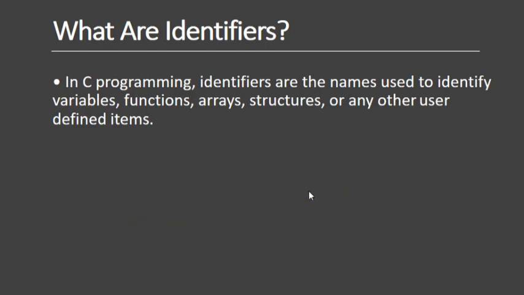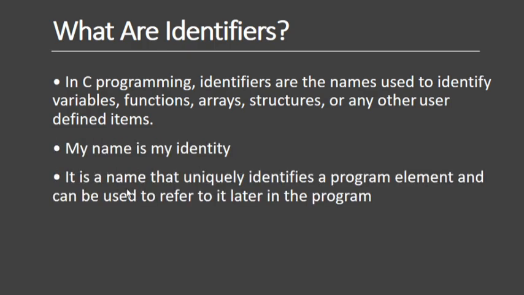Like that, identifiers are the names used to identify the variables, functions, arrays, structures, or any other user-defined items. My name, for example, is my identity. So it is a name that uniquely identifies a program element. For example, the variable is an integer variable, character variable or float variable, so it uniquely identifies which type of data is stored inside the variable.